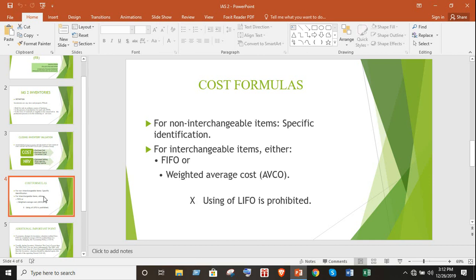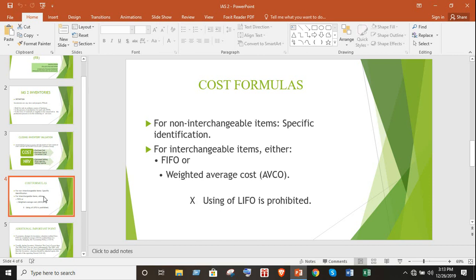So which formula can we consider? Either we can consider FIFO or we can consider AVCO. First of all, we can use FIFO or AVCO for any interchangeable items, but if there is a non-interchangeable item, then you can use specific identification.